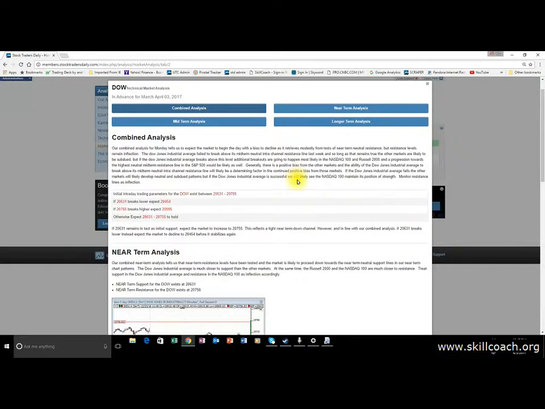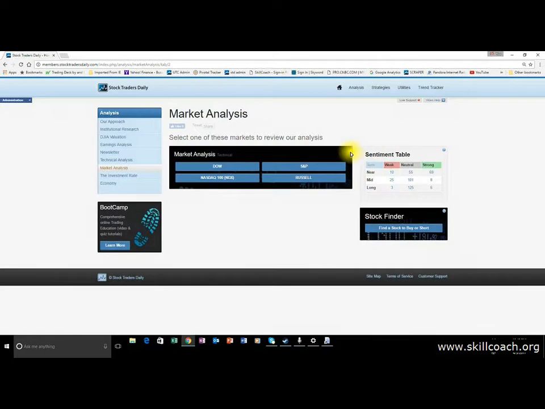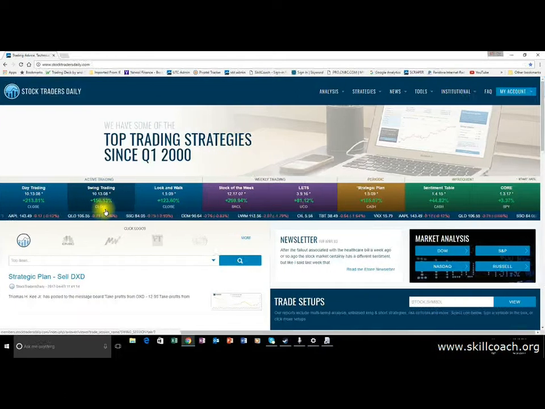Basically, all I'm doing here is evaluating support and resistance levels on a near-term, mid-term, and longer-term basis for the Dow Jones Industrial Average, for the S&P 500, for the Russell 2000, and for the NASDAQ 100. I'm combining them into an observation, and from there, I am implementing what I find into our alerts viewers.